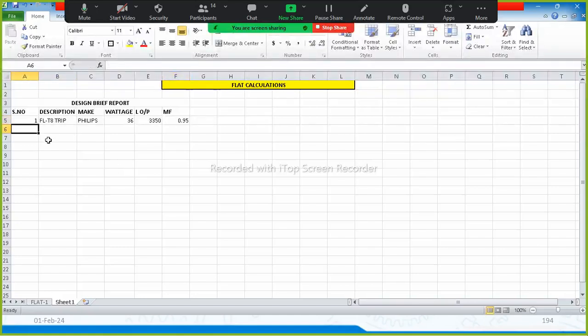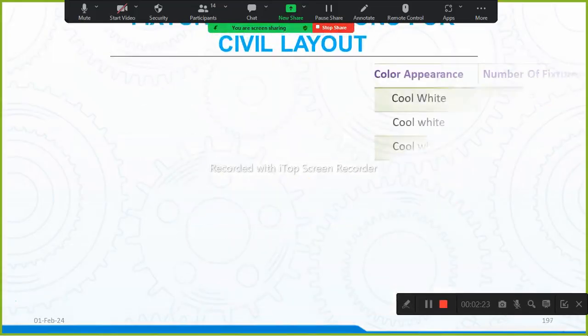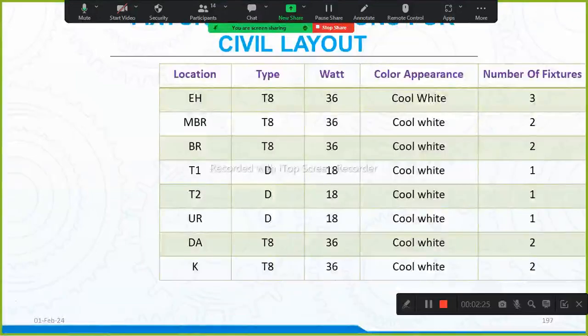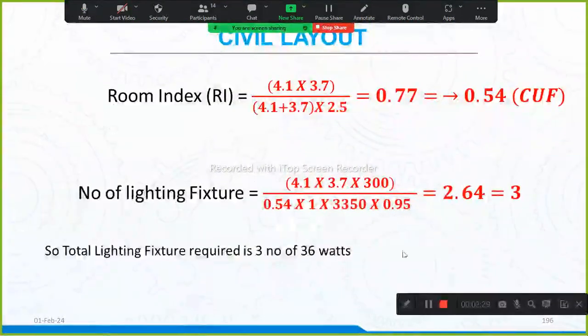The same when you're going with the next one, we have taken T type CFL cool white, whatever it may be, you'll write the technical specifications there. Cool white also. So we had taken some 13 watt and the lumen output was 900. Did I take 13 watt or 18 watt? 18, sir.